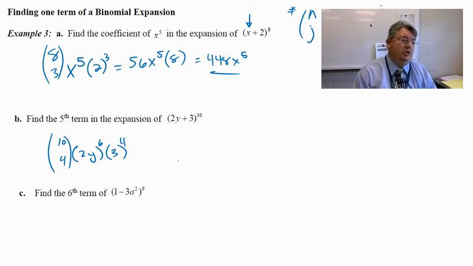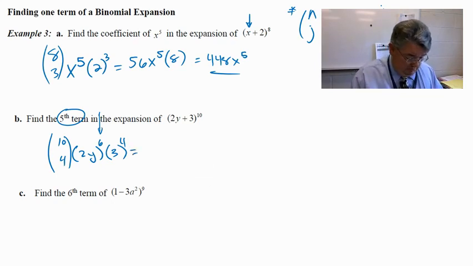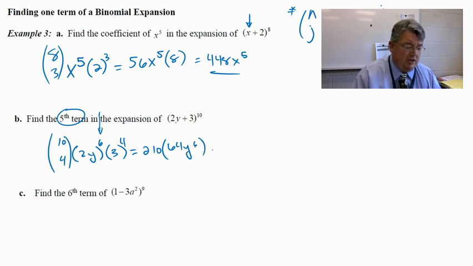Do not assume that because it's the 5th, 6th, or 7th term that this power here will be 5th, 6th, 7th, or something. It's always going to be one off. So now what's 10 choose 4? 10 choose 4 gives me 210. 2y to the 6th: 2 to the power of 6 is 64, y to the 6th. And then 3 to the 4th, that's 81, I think.